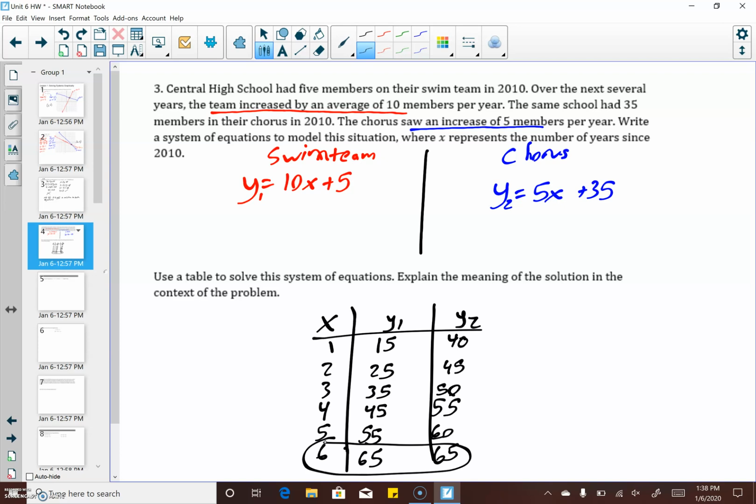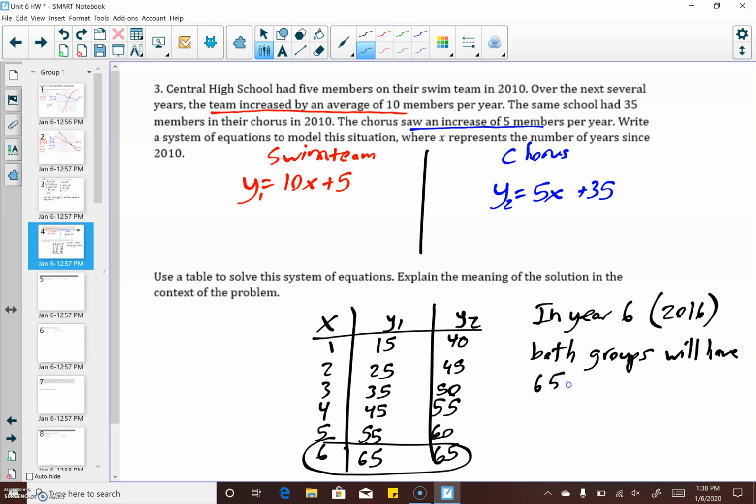Now remember, x is the number of years and y is the number of people. So if we want to explain this, the best way to put it would be in year 6, which in other words is 2016, since it started in 2010, both groups will have 65 members.